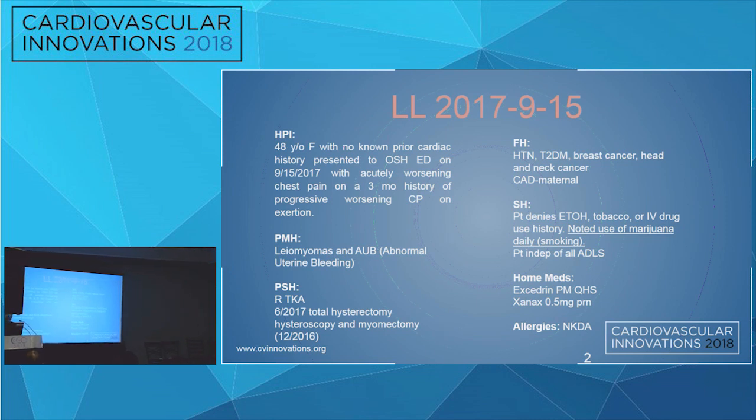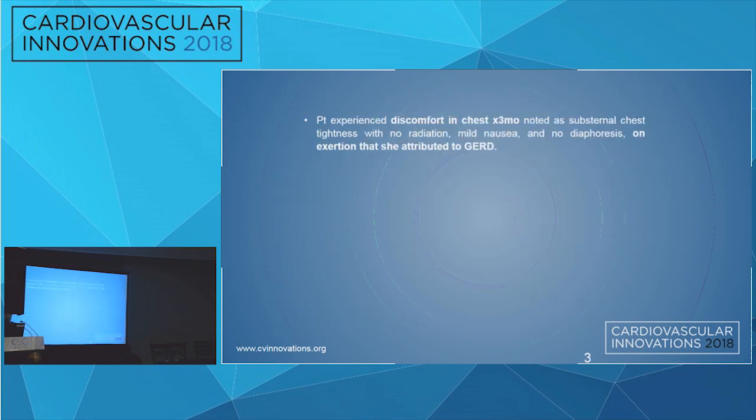Past medical history, nothing cardiac. Surgical history, just knee replacement and hysterectomy for abnormal uterine bleeding. Family history of hypertension and CAD on the mom's side. She denied smoking, but she admitted to smoking marijuana every day. Meds, just anti-anxiety, no allergies.